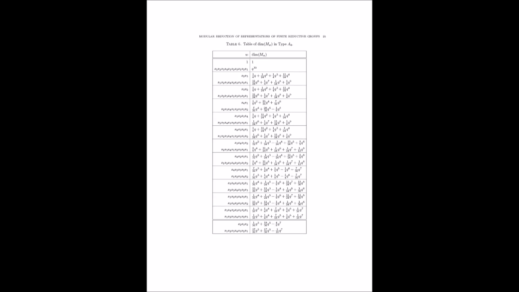Now, the almost characters for type A2 are a bit involved, but luckily Lusztig already calculated them. They're expressed in terms of unipotent Deligne-Lusztig characters, which, as you know, are fascinating objects in their own right. Let's not get too sidetracked. But I trust we have all the ingredients we need to compute the reduction. We do. The formula tells us that the reduction of this sign representation is equal to a sum of 6 terms, one for each element of the Weyl group.